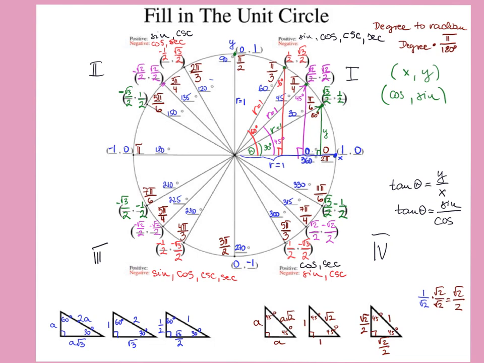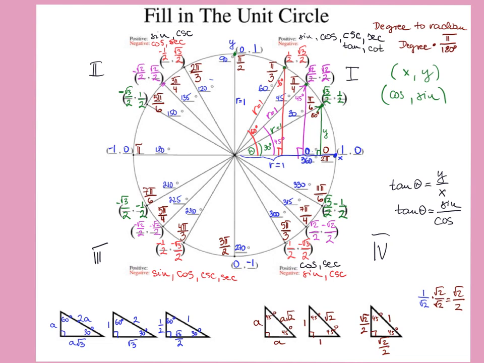So now based on this information, we can decide if tangent will be positive or negative in any of the quadrants. So if I'm looking at the first quadrant, both sine and cosine are positive, so that means tangent will be positive, and its reciprocal, cotangent, will be positive.